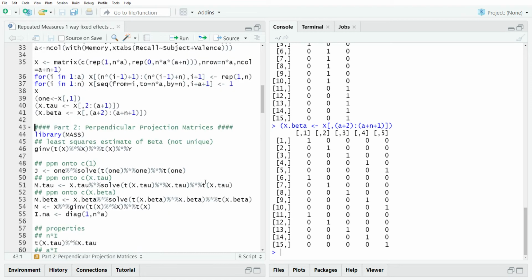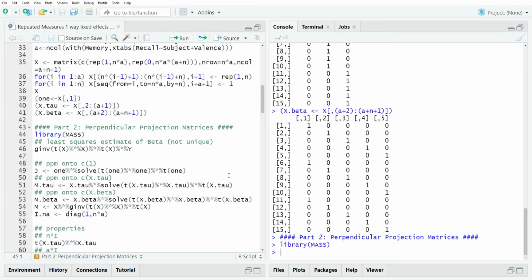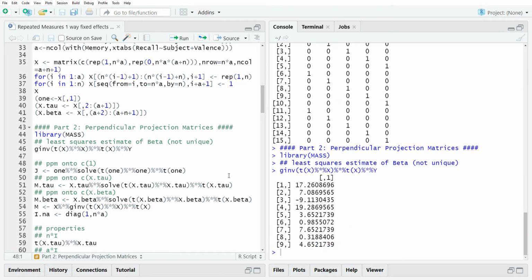In part 2, we dealt with perpendicular projection matrices, and so we need the MASS library to calculate a generalized inverse. Now, although we didn't calculate the least squares estimate for beta, this is how you do it, and this is an estimate of the beta parameters, the mu, tau 1, tau 2, tau 3, beta 1, beta 2, 3, 4, 5.